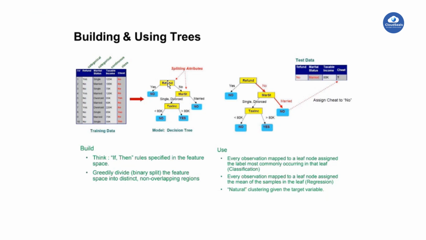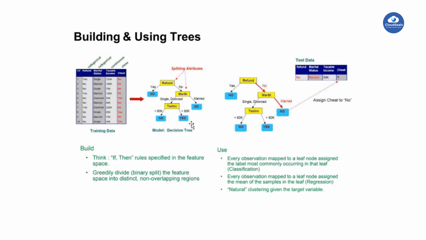Then it will check, for example, this independent feature has two classes, yes and no. If it is yes, it will go one way. If it is no, it goes another way. Then under no, it checks the marital status, single or married, like this. This is the classification of the tree.